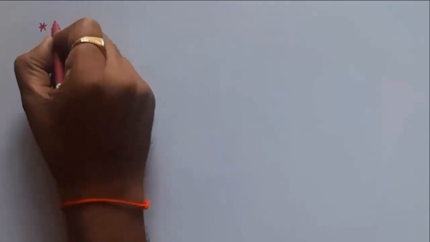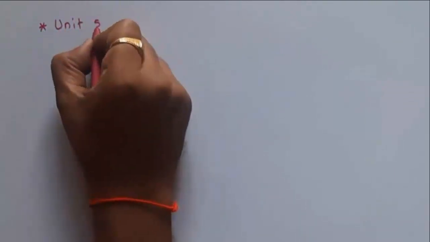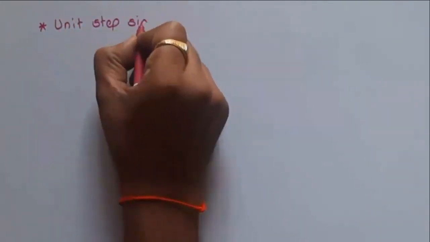Welcome all. In this video, we are going to discuss unit step and ramp signal, its definition, graphical representation, and mathematical equations. Let us start with the unit step signal.